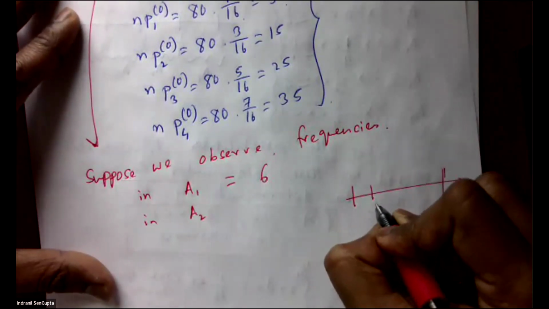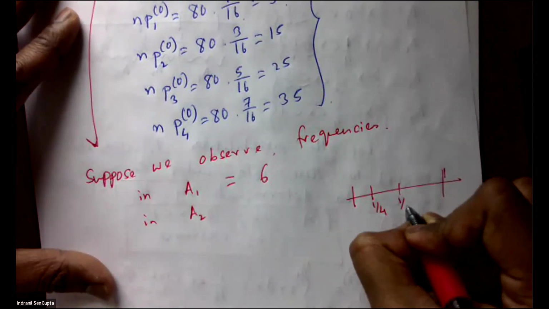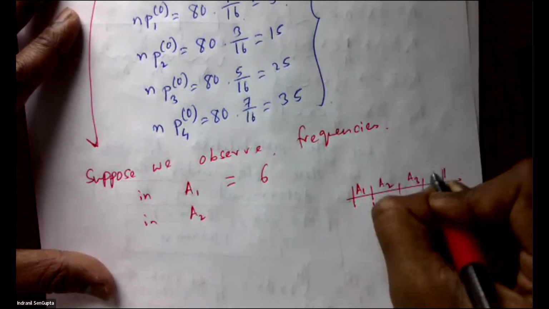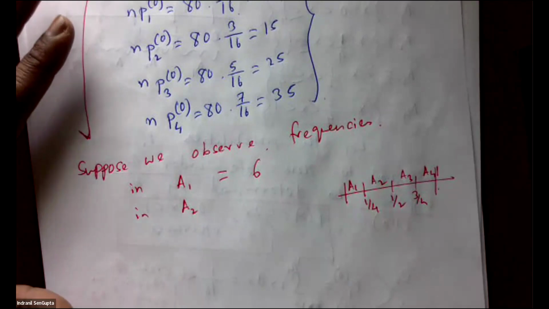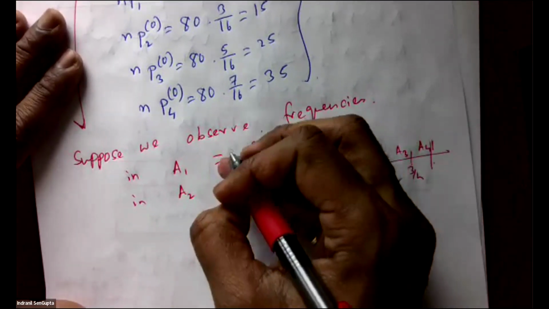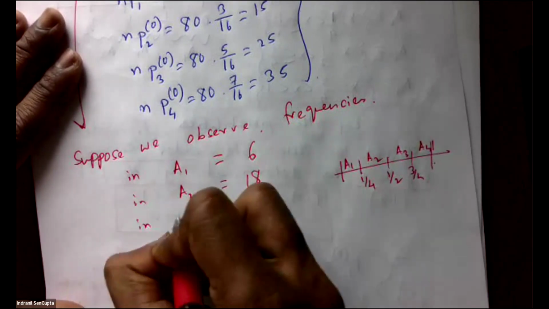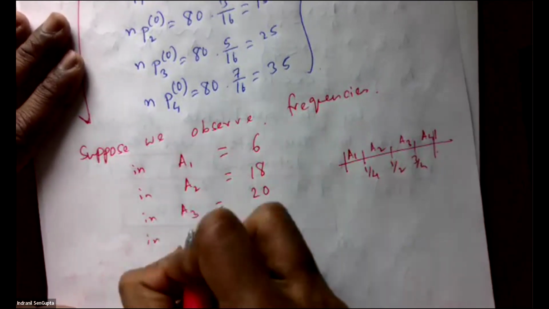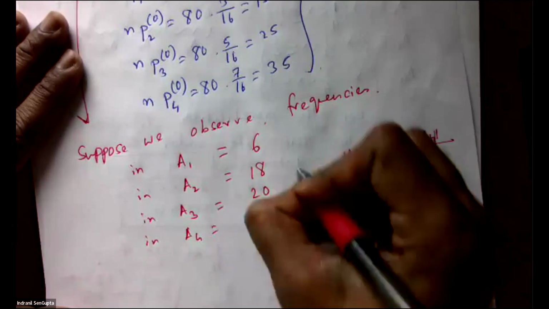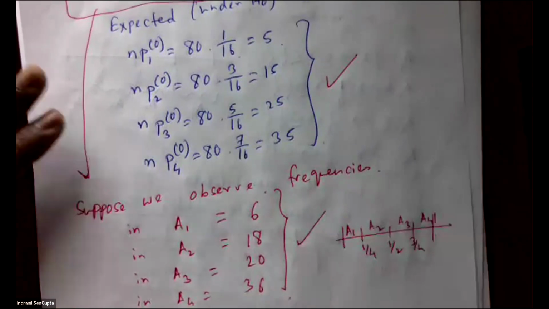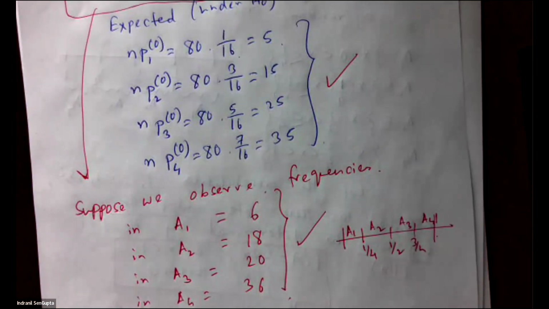The first one is A1, this is A2, this is A3, this is A4. Shorthand. So in A2, suppose the observed is 18. In A3, the observed is 20. And in A4, the observed is 36. So now we have the expected frequencies and observed frequencies.